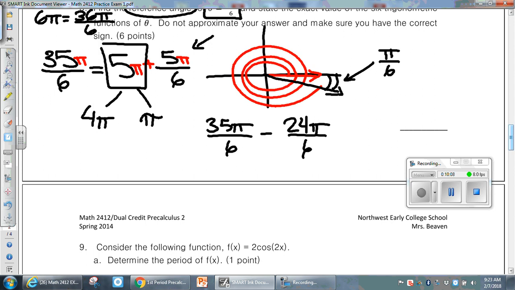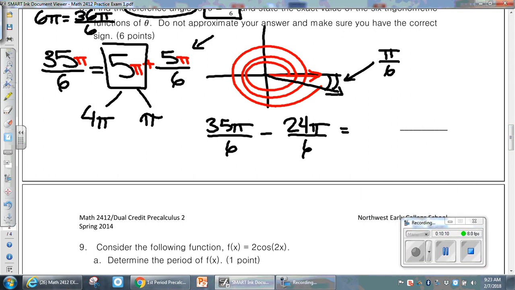So what do you guys get right there? 35 minus 24? 11 pi over 6, right? And so maybe that one can help you visualize the situation. How far is it away from the 12 pi over 6? 1 pi over 6. So that's another way to find it.